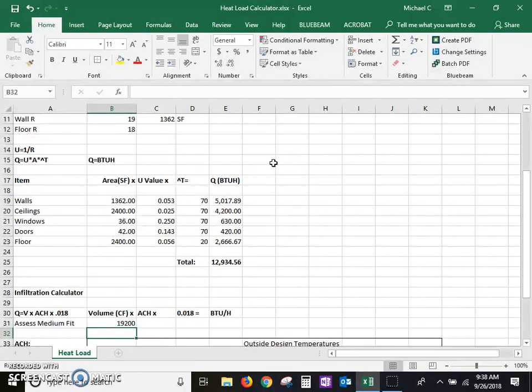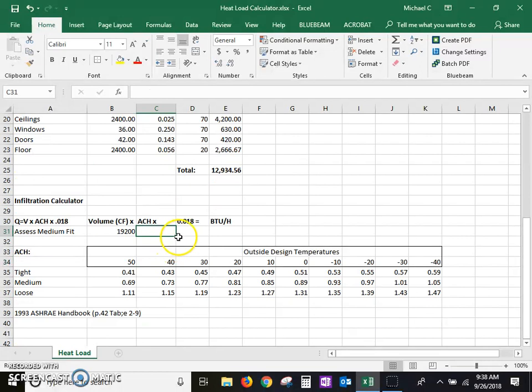Does that make sense? Our air changes per hour, we could do a really fancy formula. Maybe next time we're in a computer lab, I'll show you guys how to write a logic statement that will automatically determine this. But for now, we're just going to hard number in here.